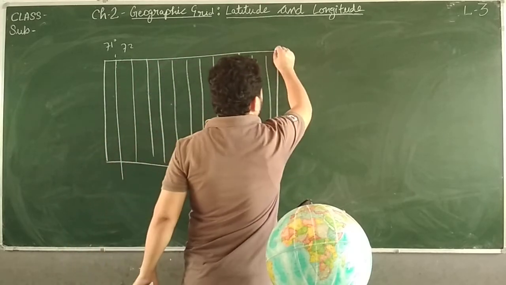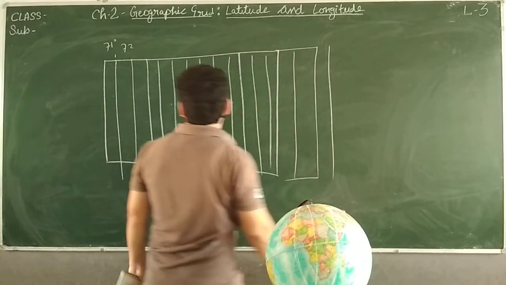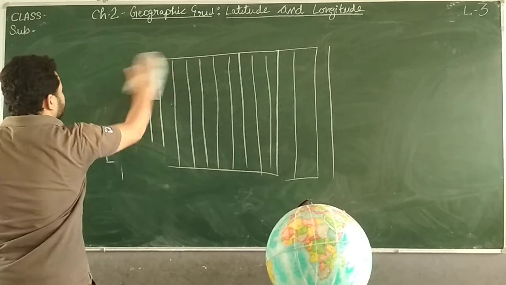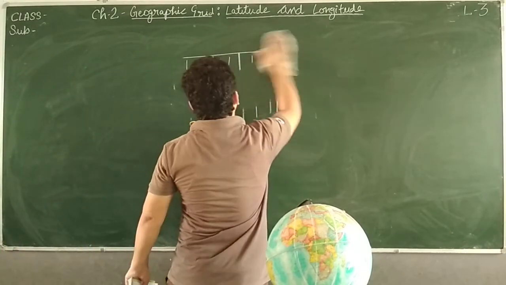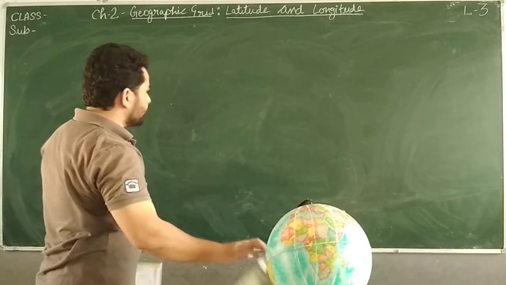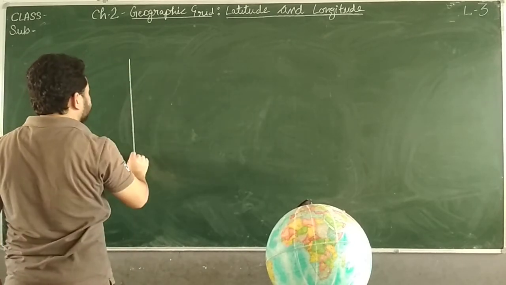So many lines are going on, and it has become a hodgepodge. Not to make it complex, we should keep it very easy, so for that I am drawing this.